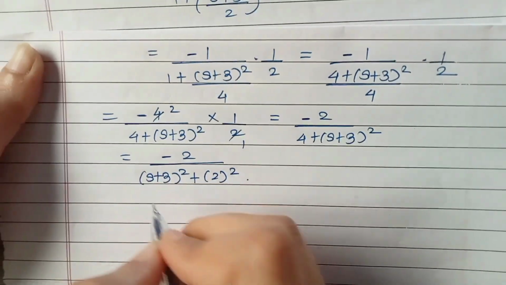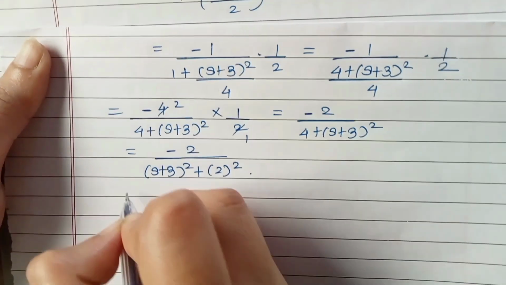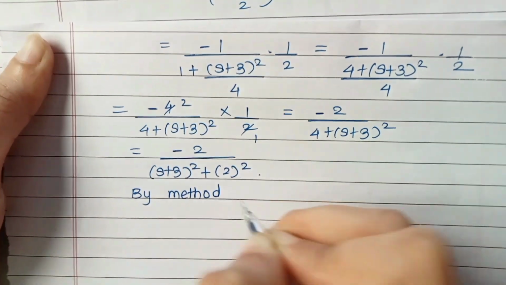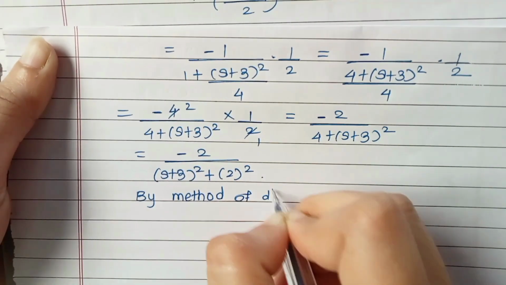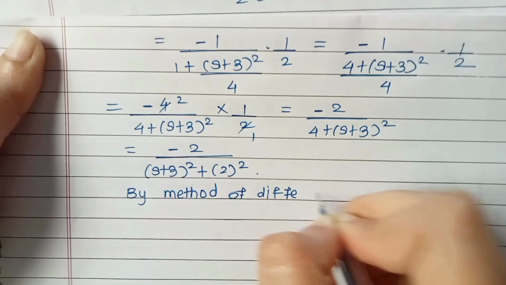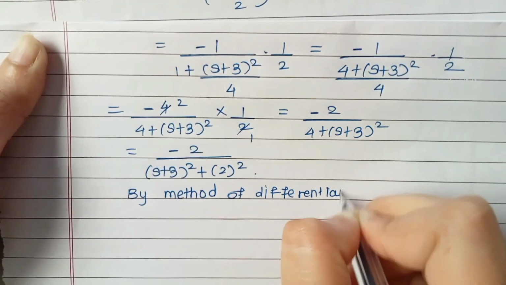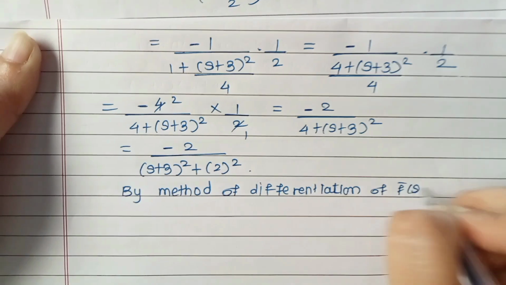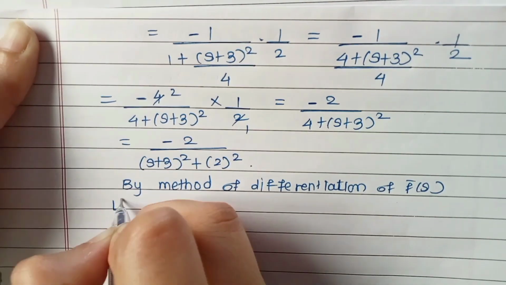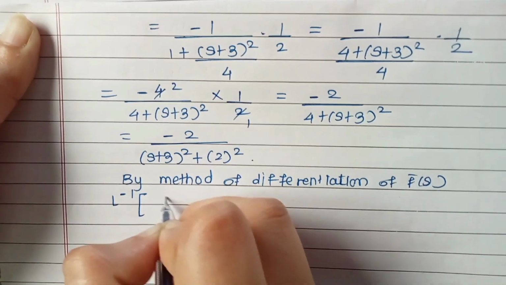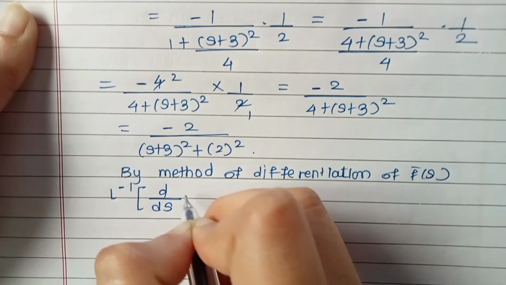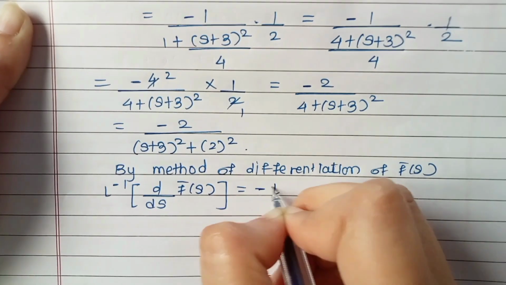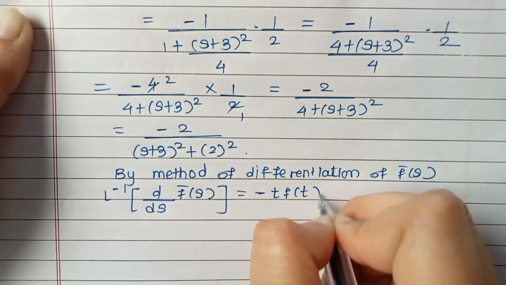Now we have one property, that is, the method of differentiation of f bar of s: inverse Laplace of d by ds f bar of s is equal to minus t into f of t.